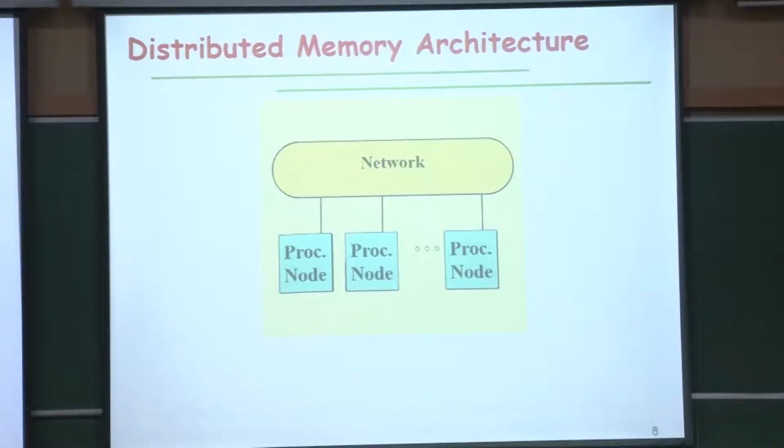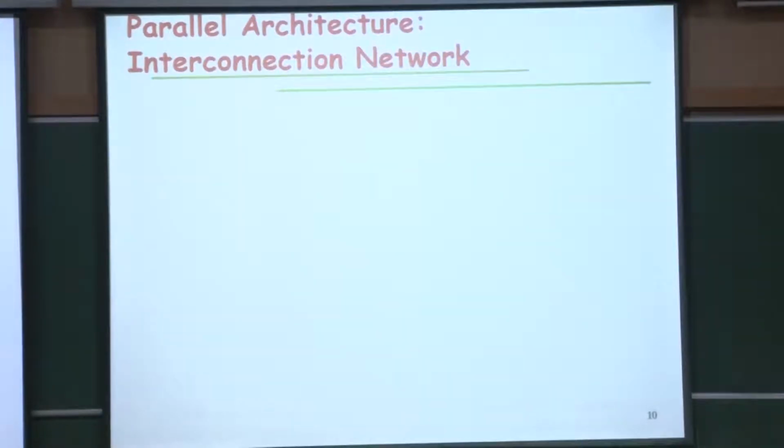This is where a cluster of workstations or network of workstations becomes a parallel computer. We will briefly talk about what these interconnection networks and topologies are in the slide after this.